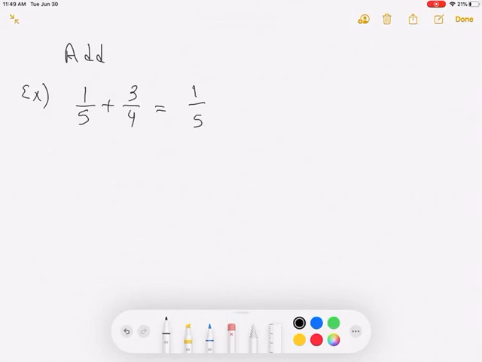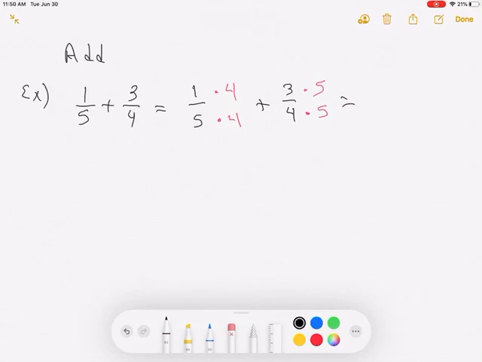So we want this 5 to be a 20. We multiply this by 4, and we've got to also do it on the top. The 3/4, we need to change the 4 to a 20 by multiplying by 5, right?